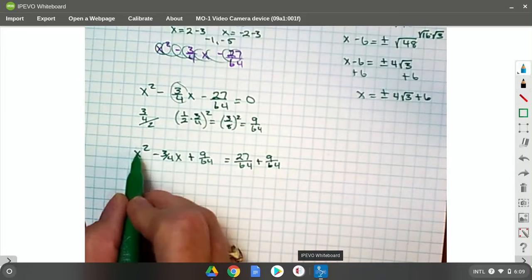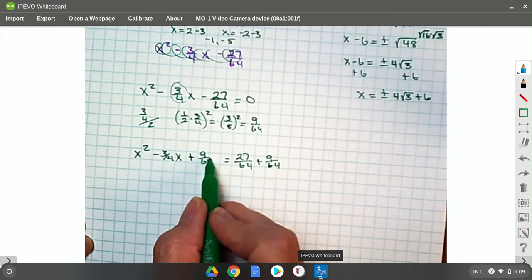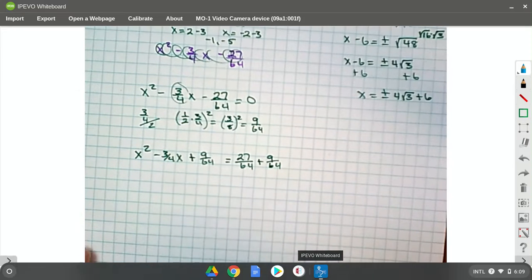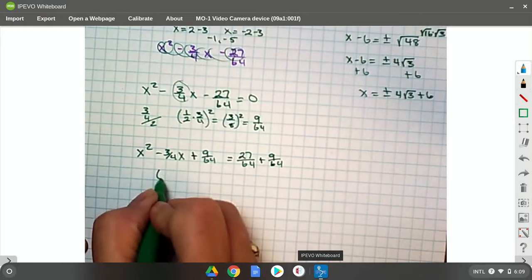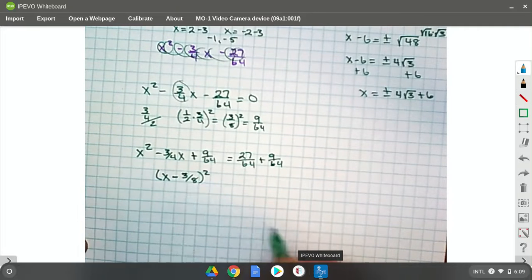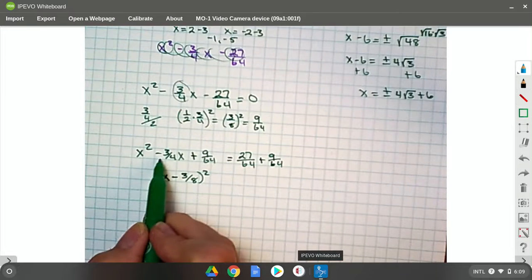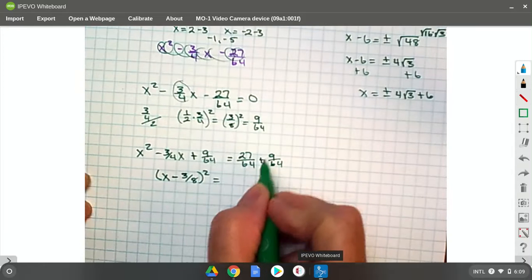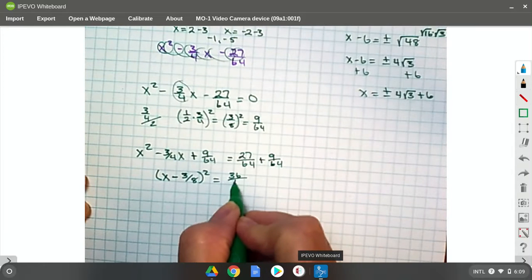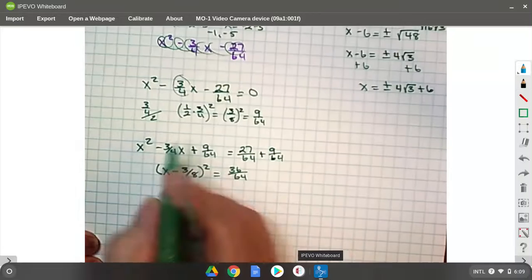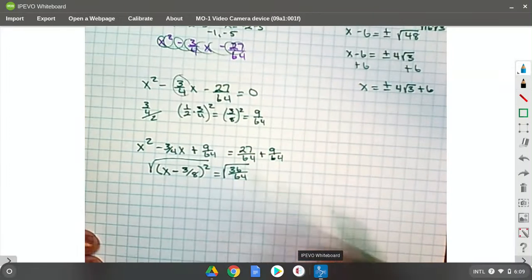All right, so this is a trinomial square. Perfect square, perfect square. Square root is 3/8, square root is x. 3/8 x doubled up is 3/4 x. So I have this as x minus 3/8 squared. Okay? It's a minus because my b is negative. Equals 36/64. Okay? All right, square root method, square root of both sides.